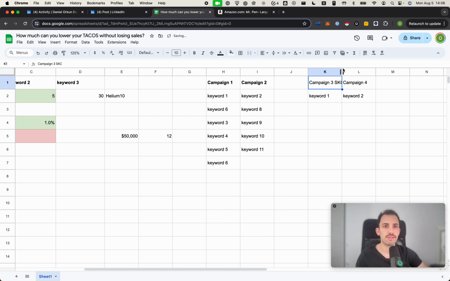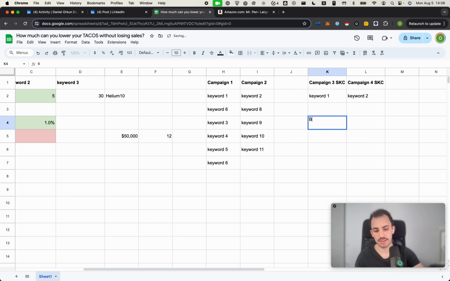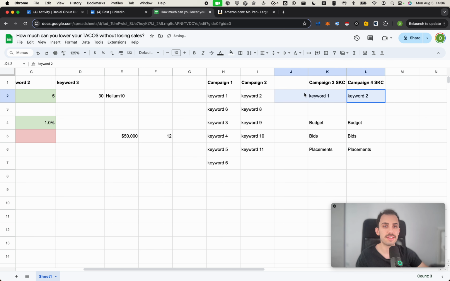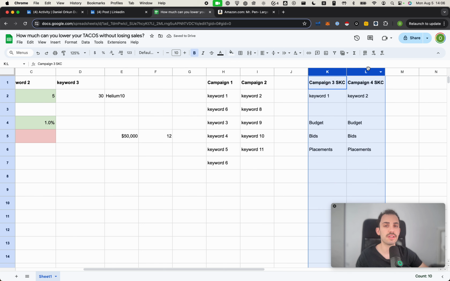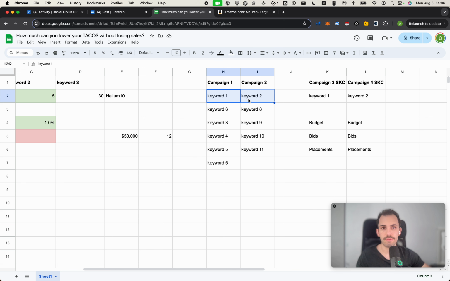A single keyword campaign has just 1 keyword per campaign, meaning that we will be able to control its budget, bids, and placements specifically for this 1 keyword. This is why single keywords are super powerful and well needed, I would say.